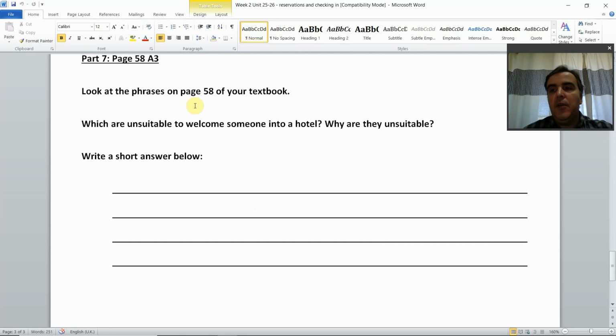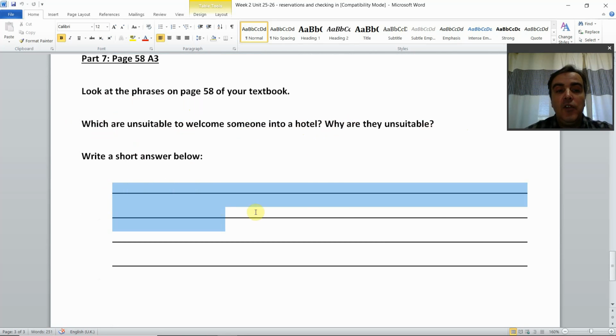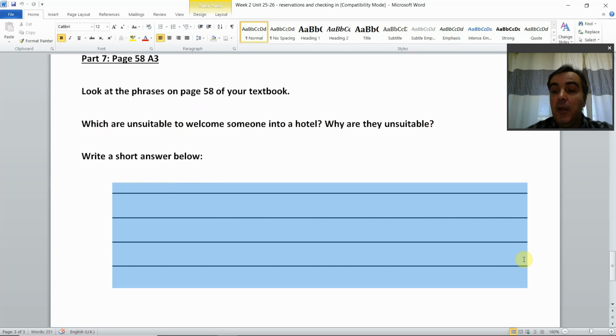We're going to look at those phrases which are unsuitable to welcome someone into a hotel, and why they are unsuitable. So I want you to write a short answer below. I want you to tell me the phrases that are unsuitable and why they are unsuitable for welcoming someone into a hotel. So that's the last part of the assignment that you need to do today.